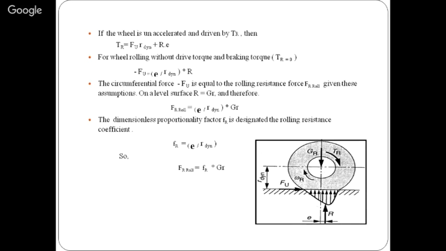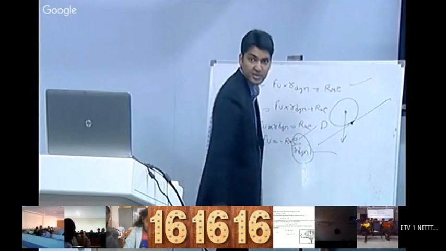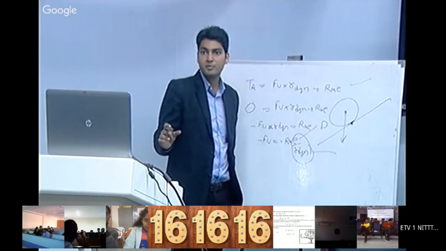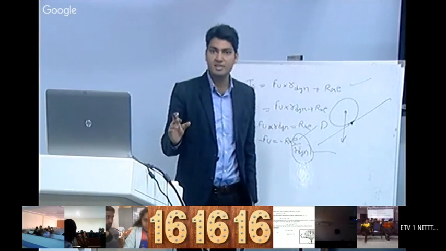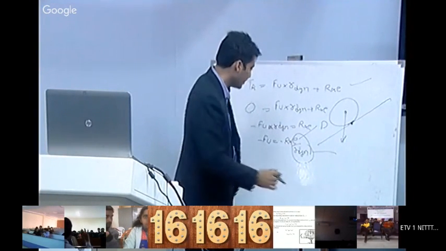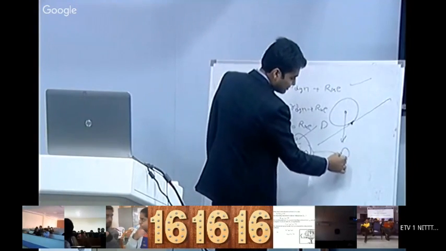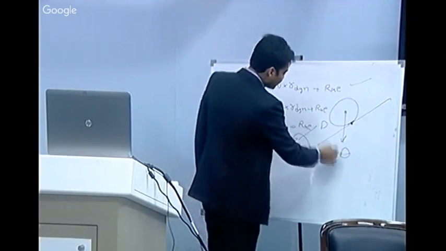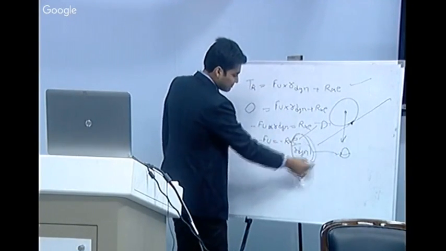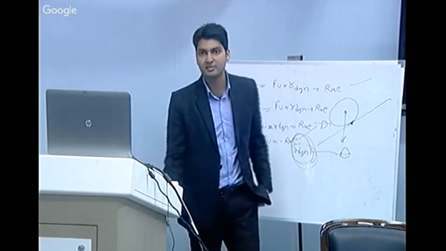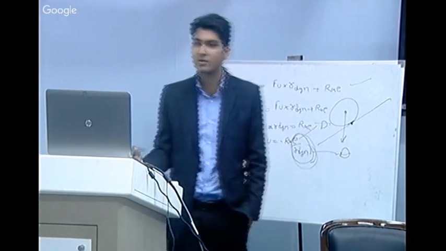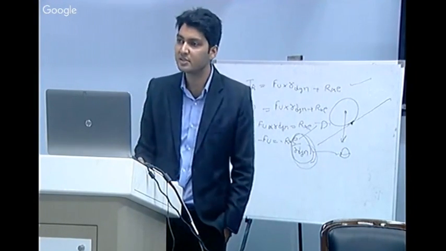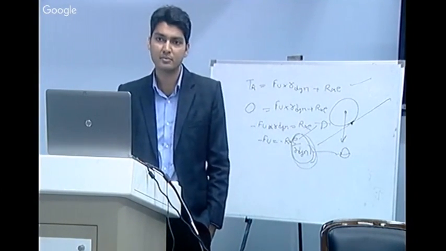Here is E and R dynamic. The E corresponds to distance, and the unit of R dynamic is distance also. By cancelling distance with distance, it is a unitless, dimensionless factor. This is the rolling resistance coefficient.